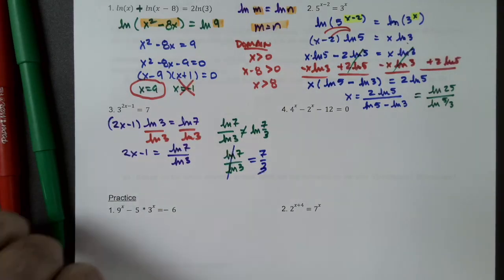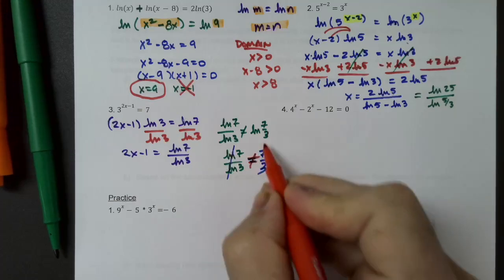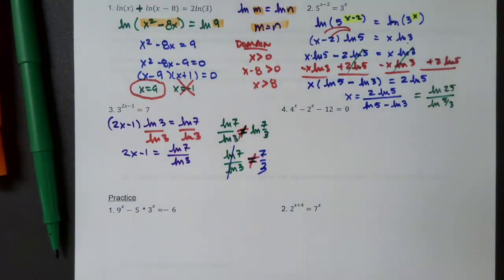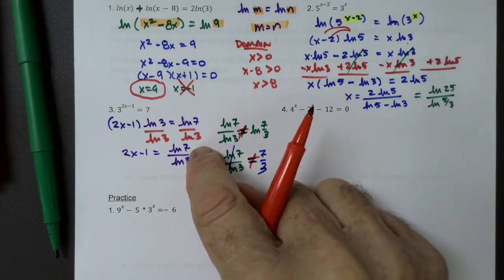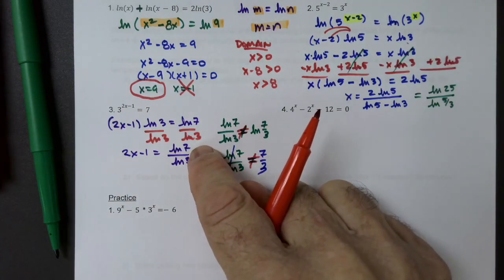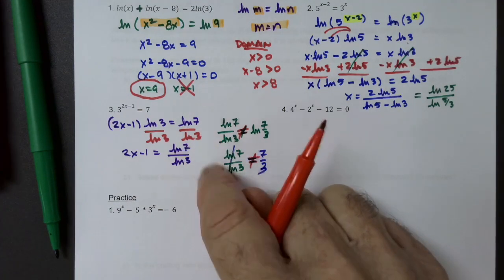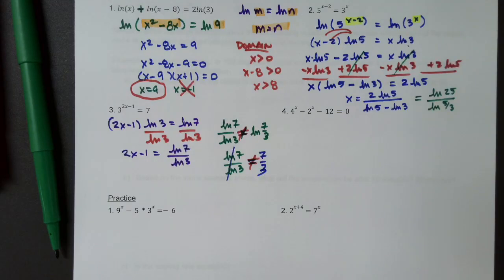And no. Okay, neither one of these are ways that natural logs simplify. Okay? It's just going to be whatever the calculator puts out with the natural log of 7, divide that by the natural log of 3. We good with that? Don't try and apply rules that don't apply.